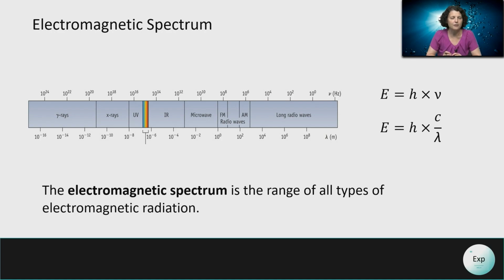There are a couple different ways in which we can utilize this information. The simplest kind of problems that we can come across is the utilization of the electromagnetic spectrum to compare two different types of radiation based on their energy. At that point, we need to make sure that we are looking at the appropriate scales. If we have the frequency scale provided, then we know that energy and frequency are directly proportional, and the energy of the radiation increases in the same direction as the frequency increases, which means in this case, from right to left.